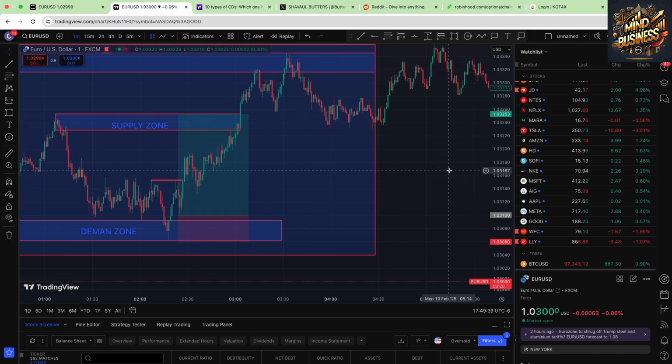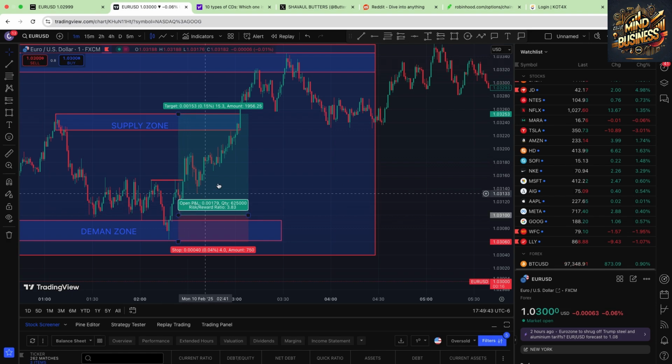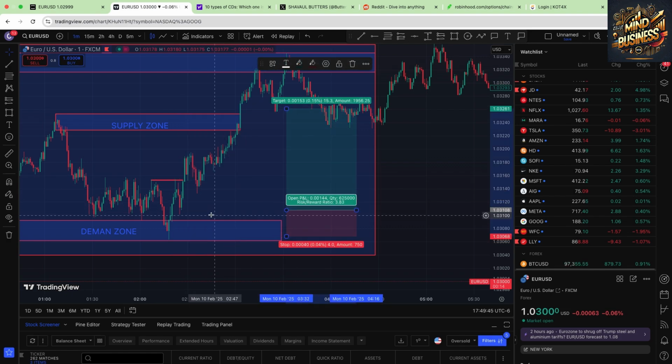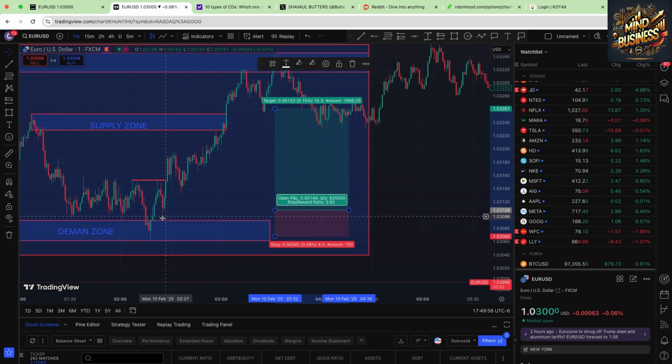So what you could have done, to be honest with you, is wait for the pullback and enter here. But make sure you don't rush into the trade, because if this previous candlestick did break past this candlestick, it would have been a downtrend. But this confirmed that the uptrend is certified, because it broke past the market shift.